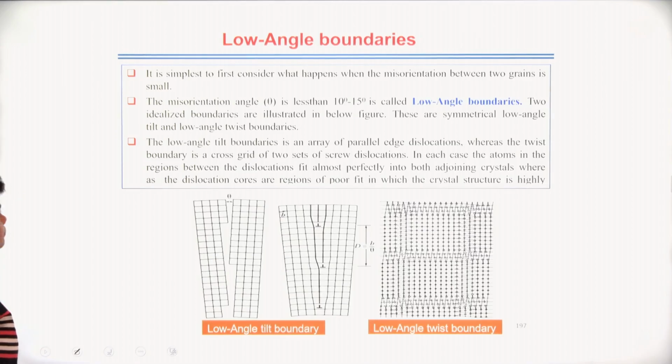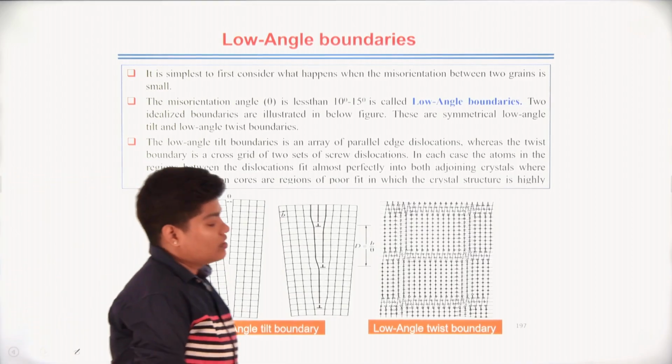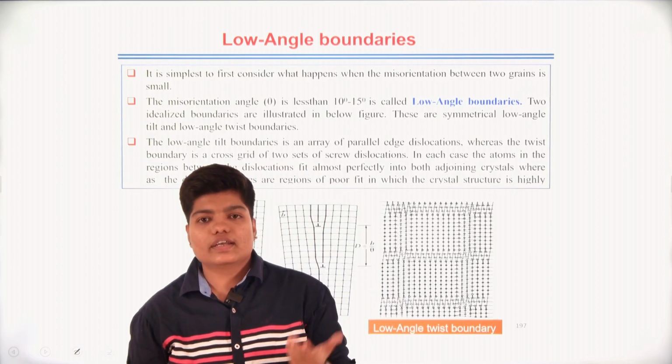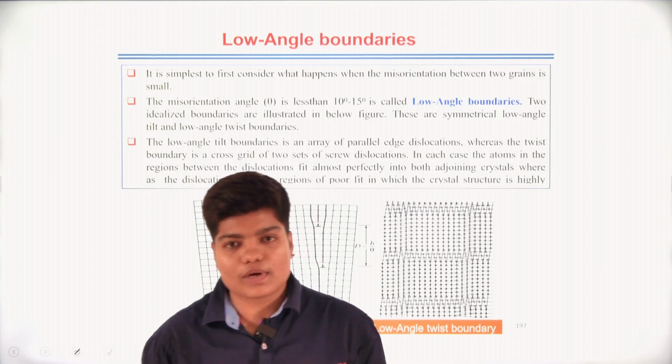Then again there are two types of boundary: one is the low angle boundary and the other is the high angle boundary.